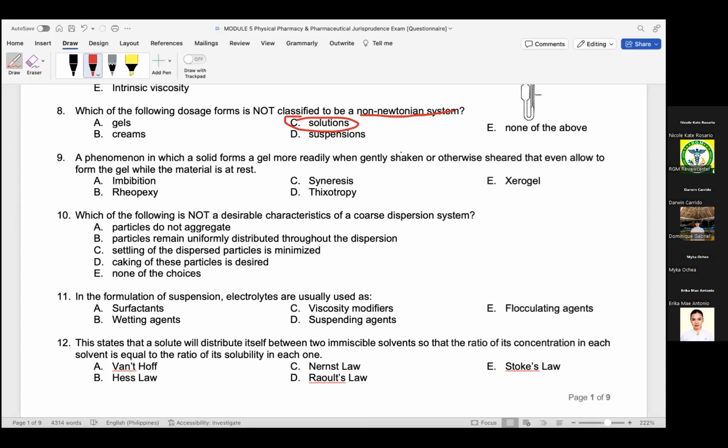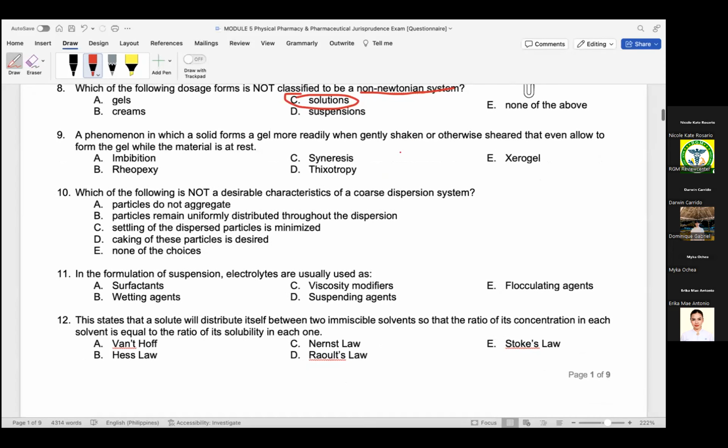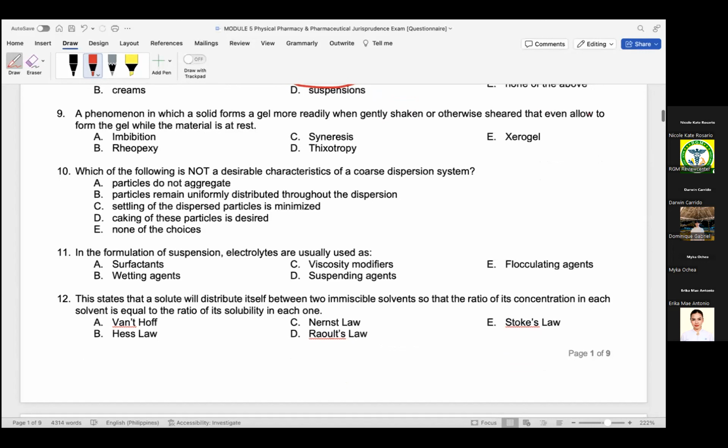Next, number 9. A phenomenon in which solid forms a gel more readily when gently shaken or otherwise sheared than if allowed to form the gel while the material is at rest. The correct answer is rheopexy. Yan. Pag imbibition, nag-absorb ng moisture, 'di ba? Without apparent increase in volume.